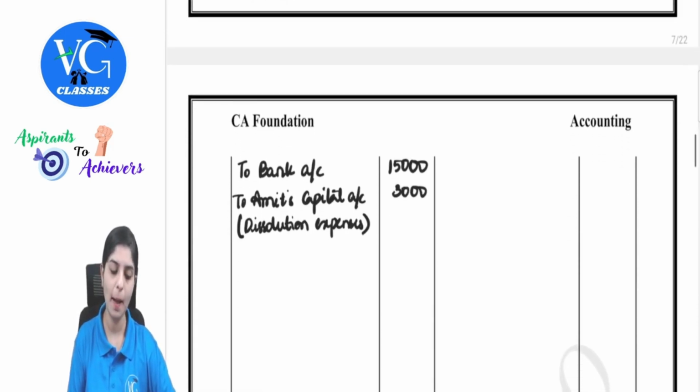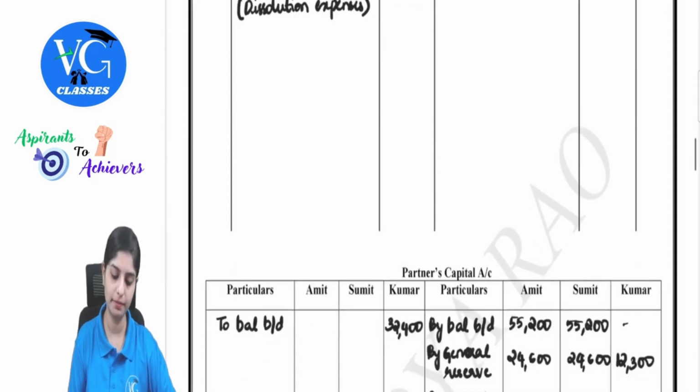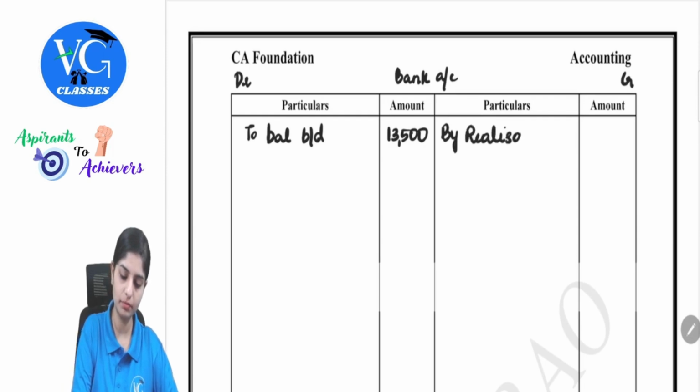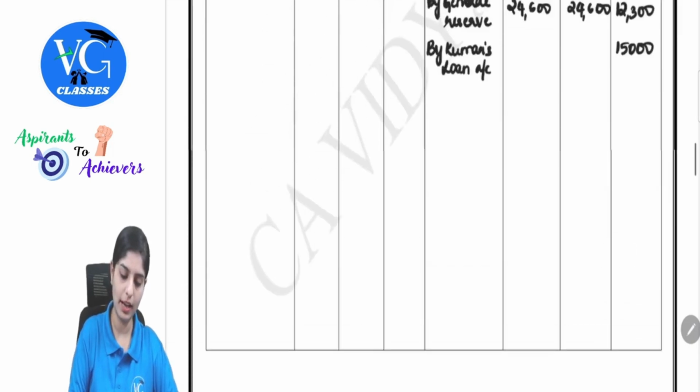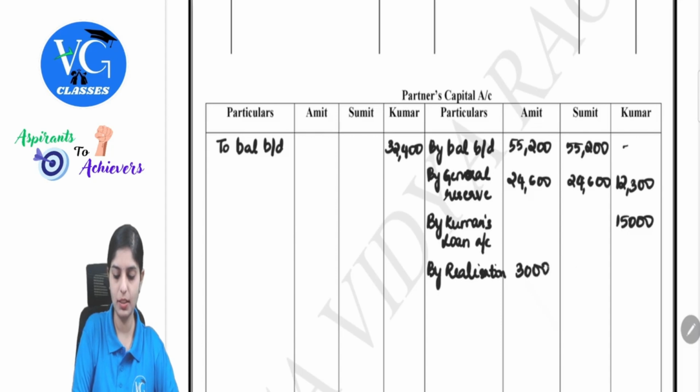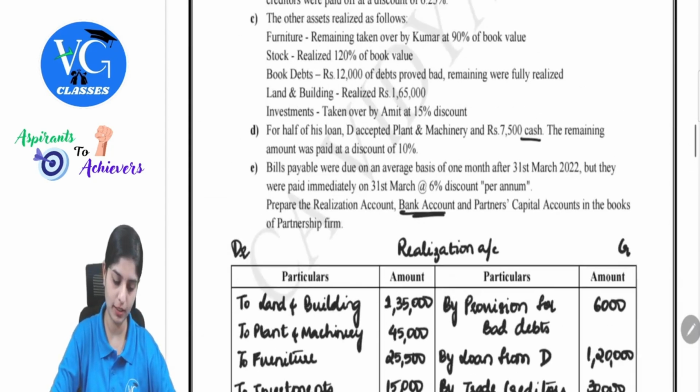Realization to bank means by realization in bank account, by realization 15,000. So this is dissolution expense, and in partners' capital by realization 3,000. So Amit took care of this.